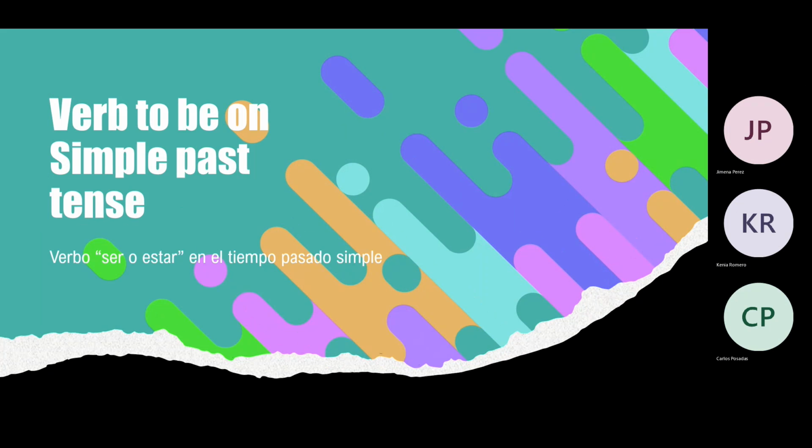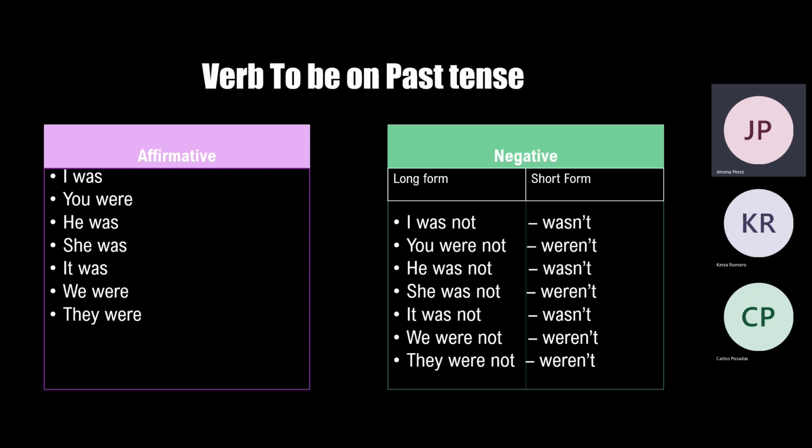Yes. Okay. So today we are going to learn the verb to be in simple past tense. We need to learn the verb to be first and continue with the next verbs in past. The verb be changes like in simple present, but in this case, I only have two ways to write it: was and were.